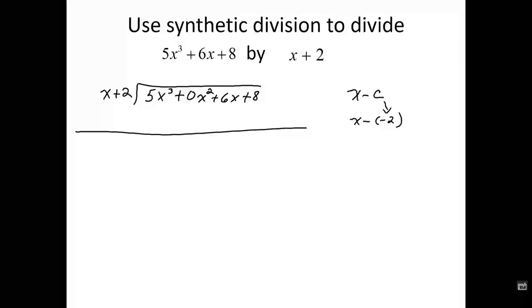Since c is negative 2, write a negative 2. We're writing c to represent our divisor. Now we write only the coefficients of each term in the dividend: 5, 0, 6, and 8.